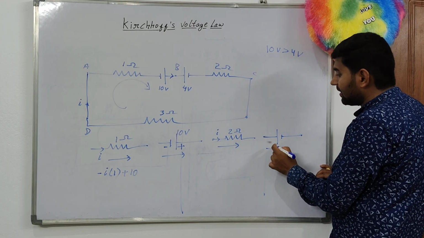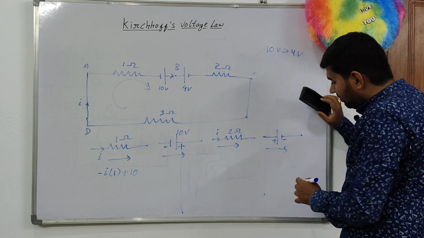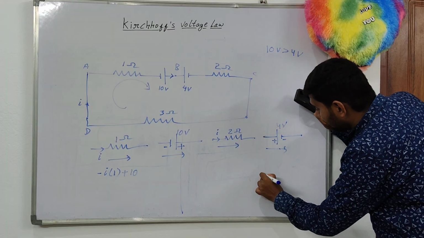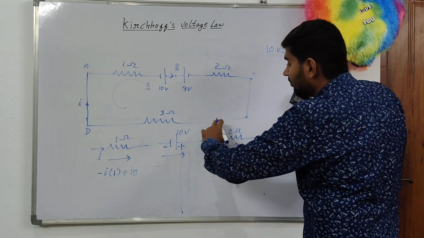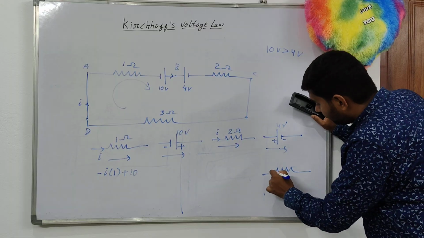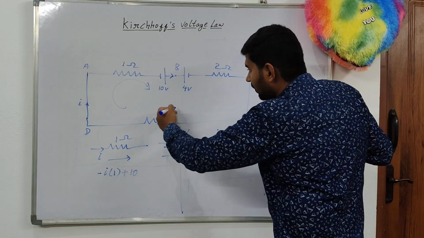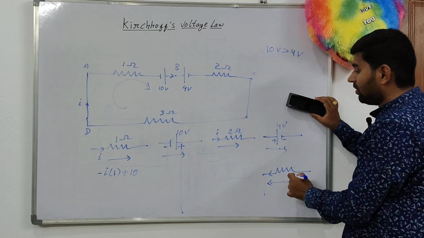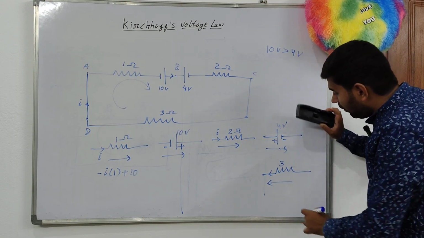Here this is the traversing direction, higher potential to lower potential, so it becomes minus 4. And for the other resistor, the current direction and traversing direction are both the same. It also becomes negative, minus 3 into current I.